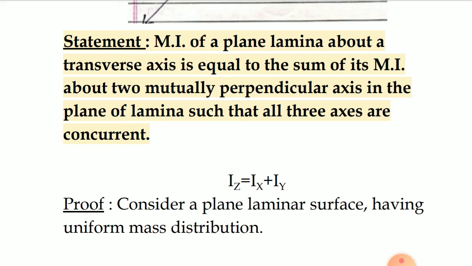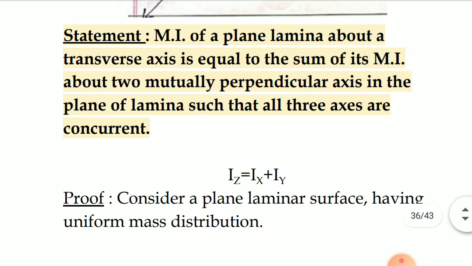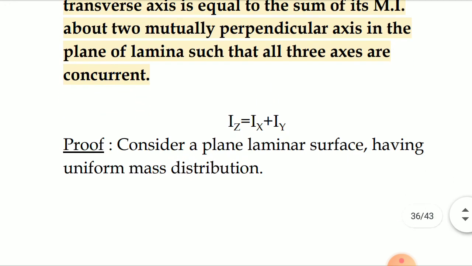Though this statement is written by us, we can change a few words here or there so that the content is not affected. So you have Iz is equal to Ix plus Iy.